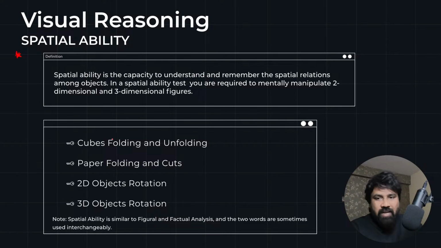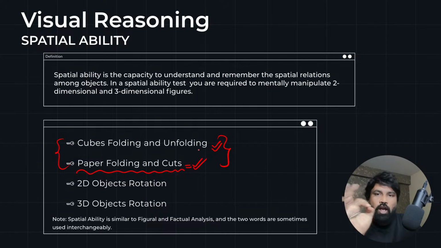In this spatial ability, we have two important categories you need to take care. That is cubes folding and unfolding, and paper folding and cuts. So these two categories are very important for the TCS. I have seen one or two problems based on these topics for sure.